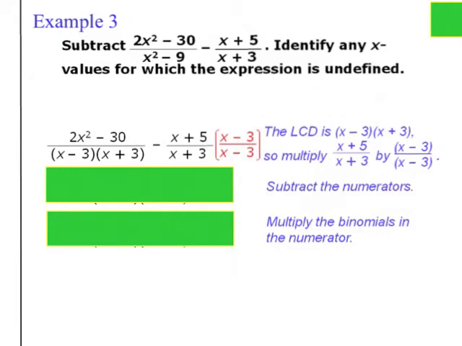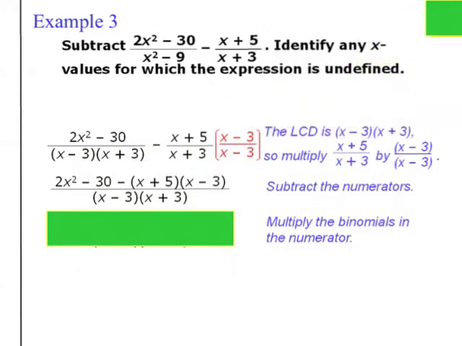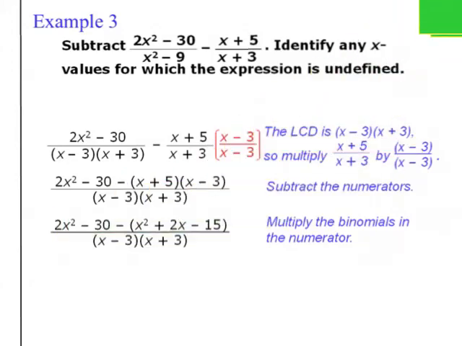So I can put it all together. Okay, so here's what it's going to look like when I put it all together, over one common denominator. Now, right here we're going to have to multiply this together and then distribute the negative in. So in doing so, let's move this block here. Notice first of all I've multiplied these two binomials together to get x squared plus 2x minus 15. Now I'm going to need to distribute this negative inside.